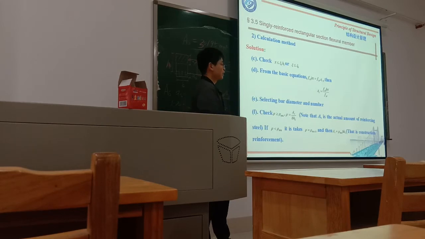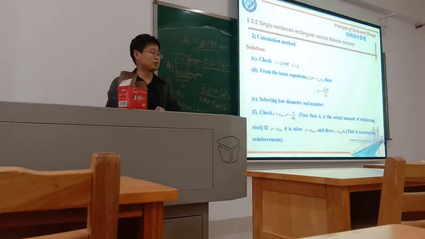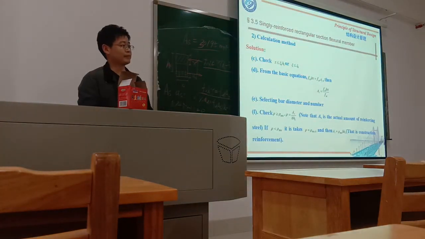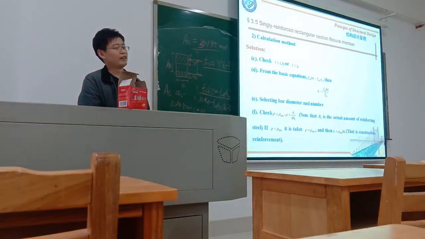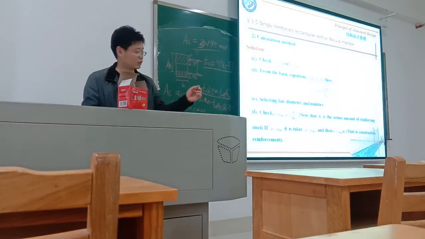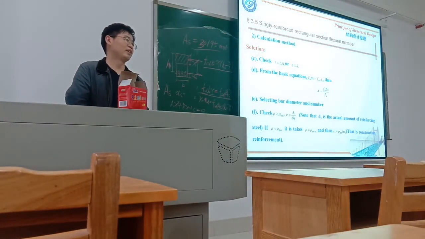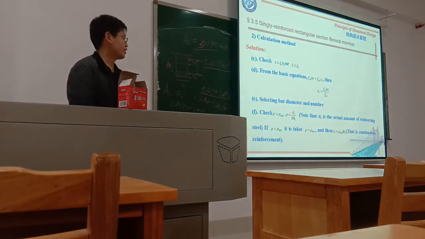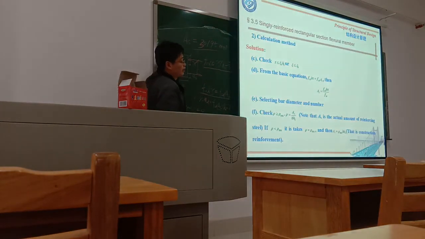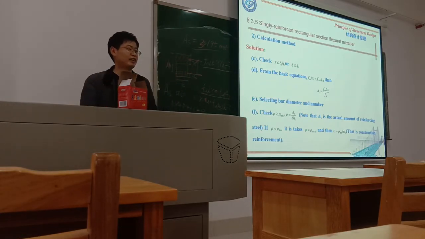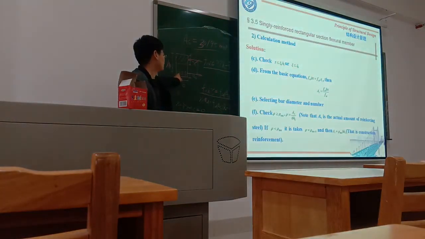It's not just 1 plus 1 equals 2. From this table, you can do many combinations. So we do this exercise to choose your design. Given this area, do your own design, what type of reinforcement we use, and draw this figure and tell us the diameter and the number.